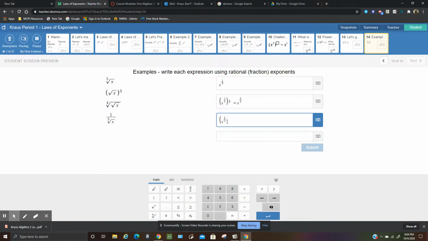So there should be a 1/2 here. And then the 1/4 is x to the 1/8.